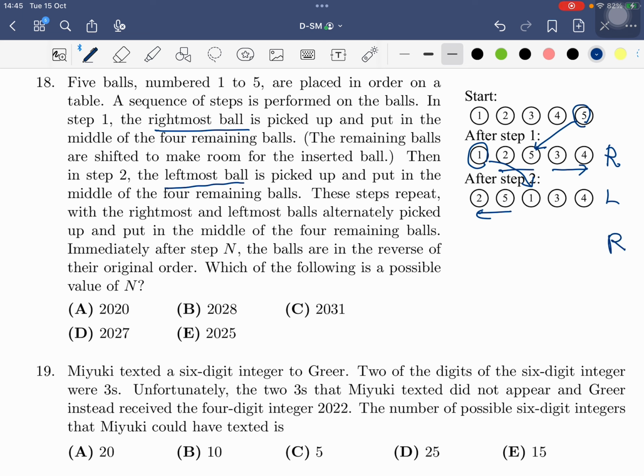So let's go another step, moving the rightmost number. So 4 comes here, and 1 and 3 go there, 2 and 5 stay there. And let me put it here. And left, 2 goes there, 5 and 4 here, 1 and 3 there. So 3 comes here.